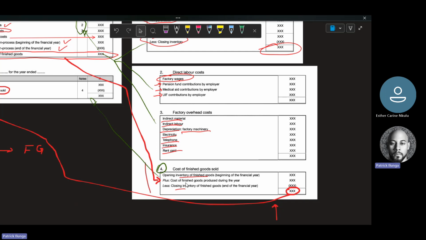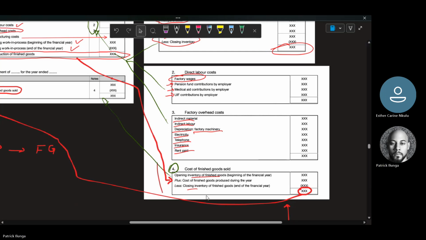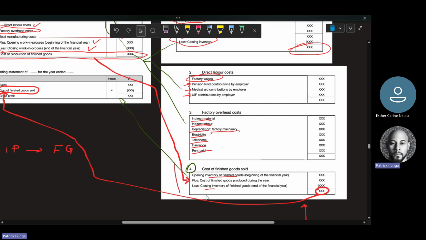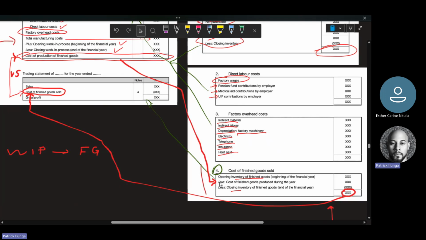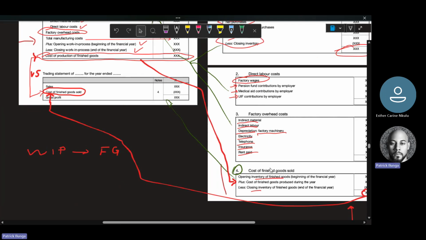The opening from last year plus what we produced this year, minus what we did not sell, right? So these goods here, closing inventory of finished goods, they were not sold. So I hope I make this clear. You need to feel it, that these two are not the same thing.